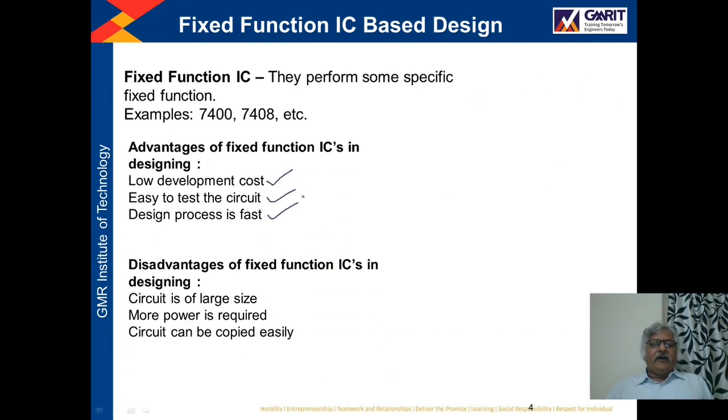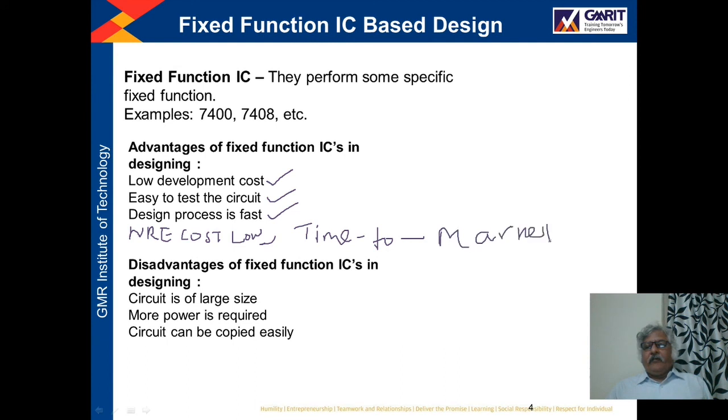Time to market is also low. So here you can mention NRE cost, so this is low. This is one advantage. Another advantage is time to market, so it is low. This is also an advantage.